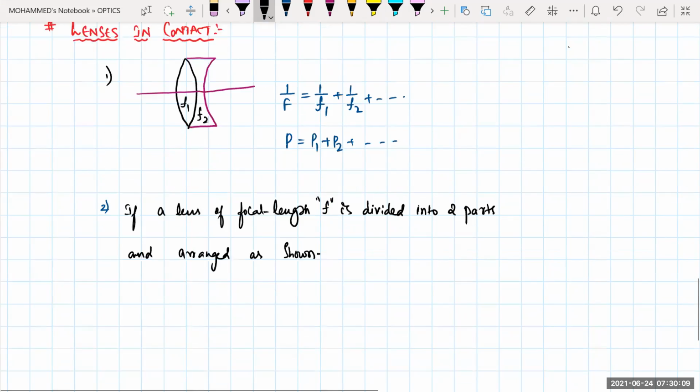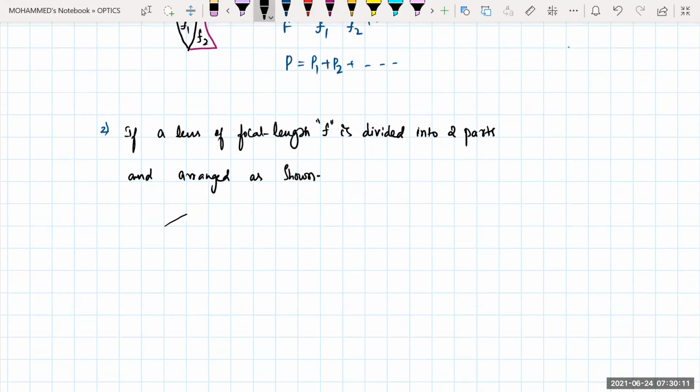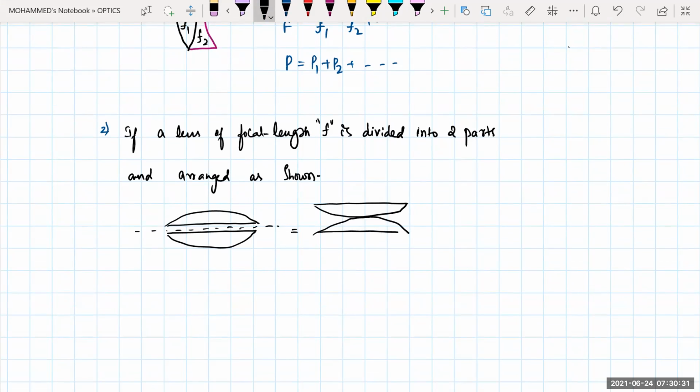Like this. If this is the lens right now, and here there is one more lens like this, we have cut it from the center, and we are keeping this lens like this. Or else we are keeping this one above the other like this.